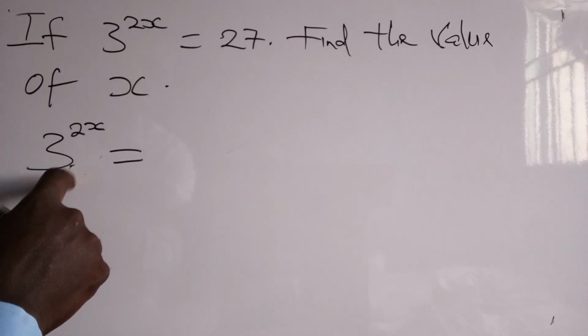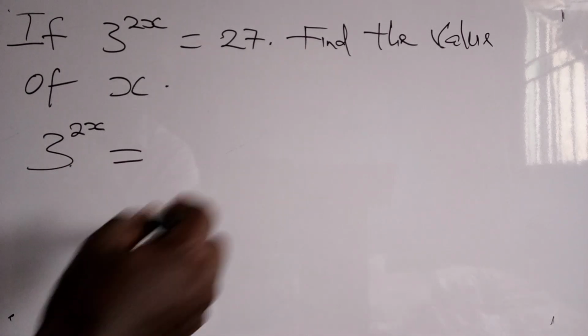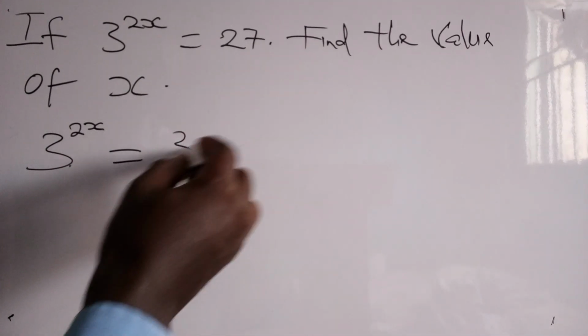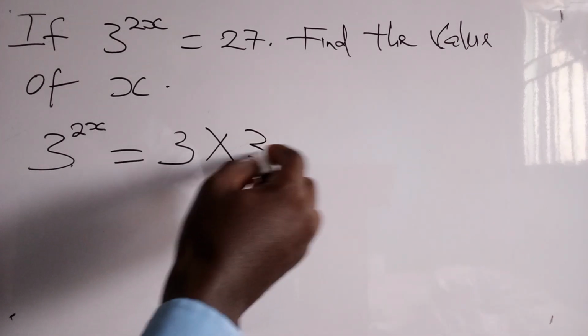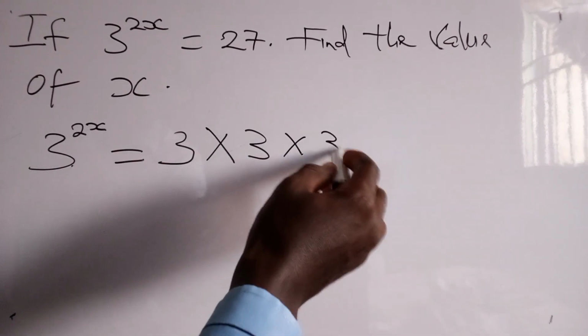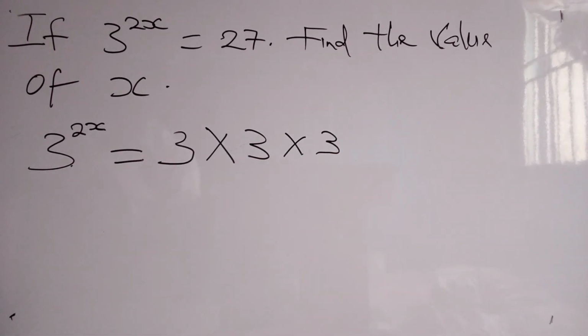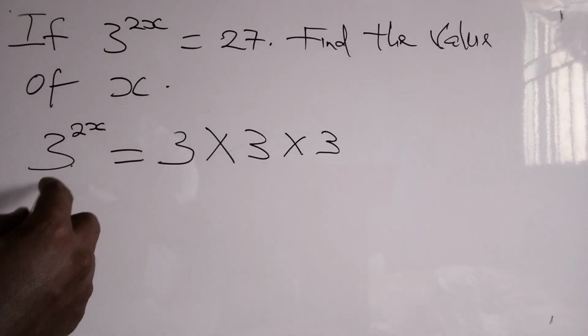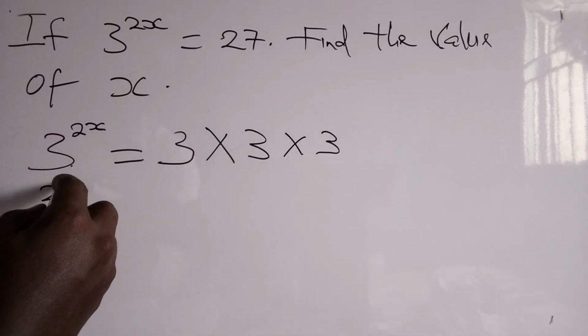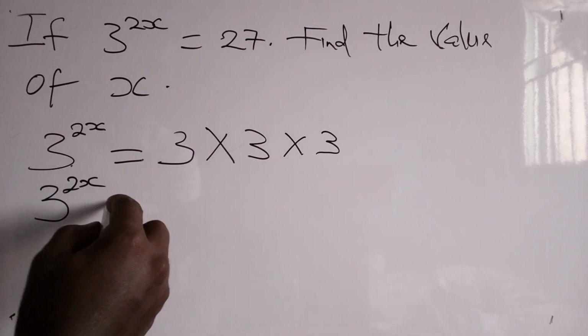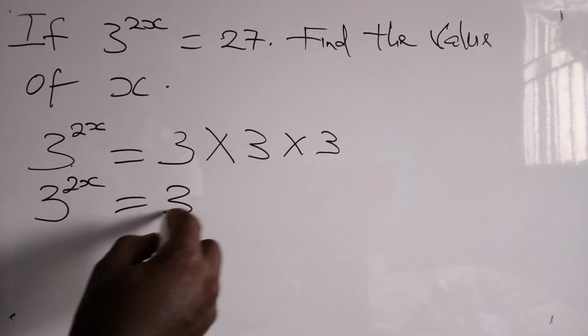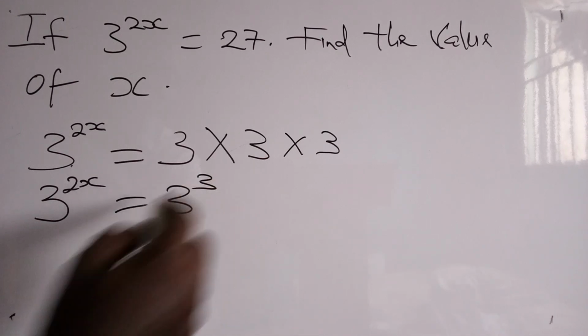Yes, 3 multiplied by 3 is 9, multiplied by 3 is 27. So this will give us 3 raised to power 2x equals 3 raised to power 3.